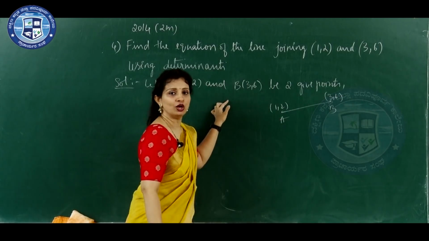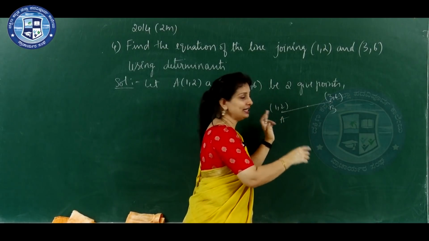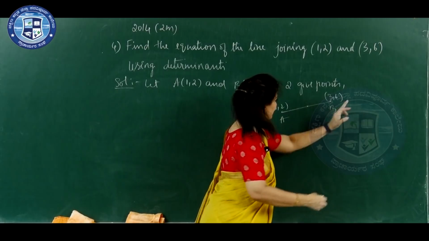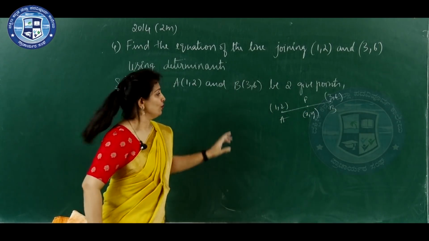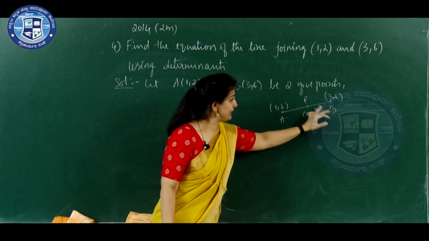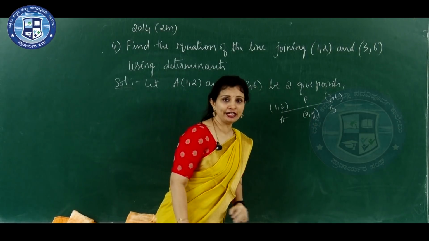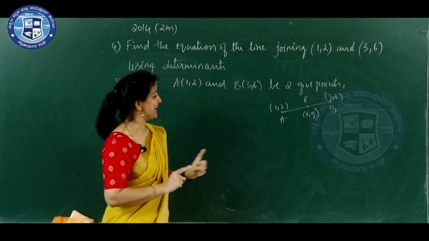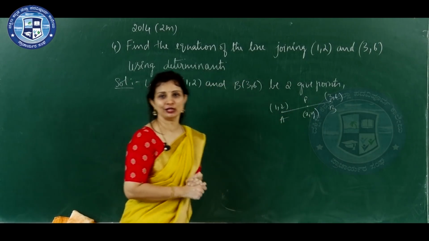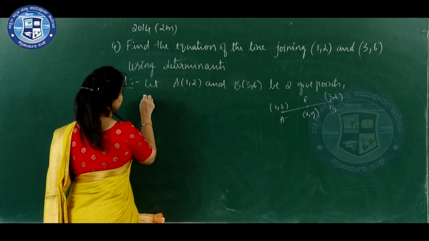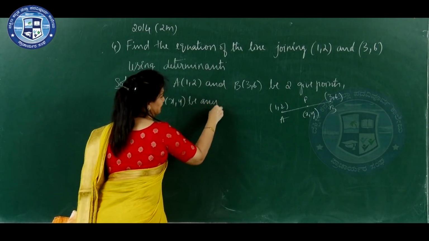What we will do, we will take one more point anywhere on the line joining these 2 points, that is P(x, y). Now, these 3 points A, B and P are collinear points. If the 3 points are collinear, the property says that the area of the triangle so formed will be equal to 0.